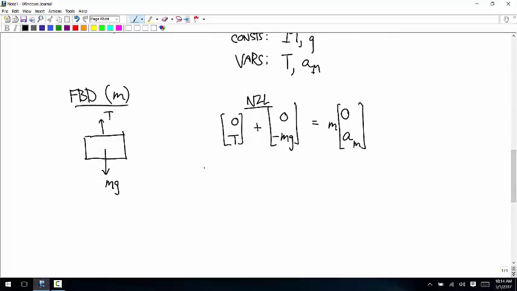The x equation doesn't give us anything. So our second useful equation says T minus little m A_m is equal to little mg.